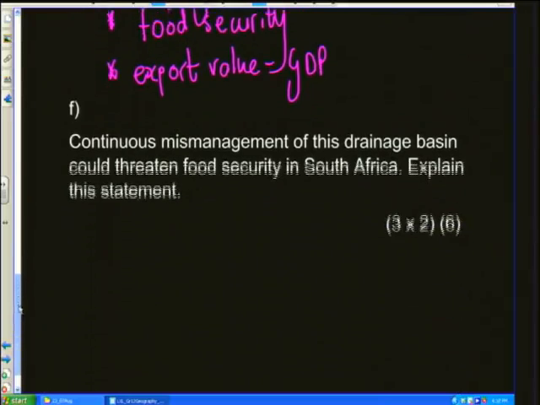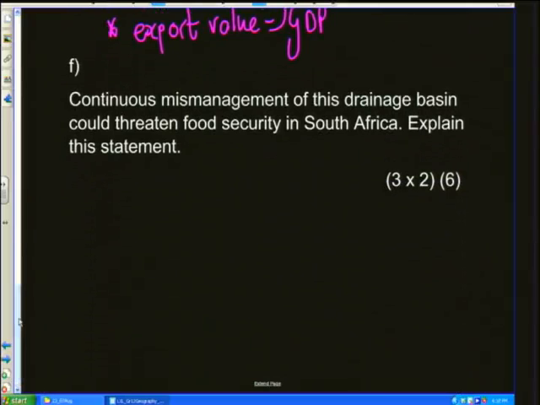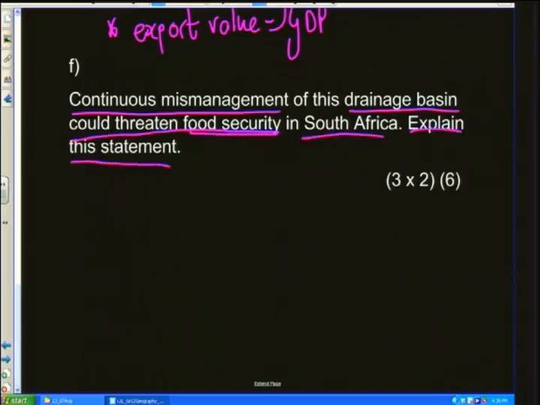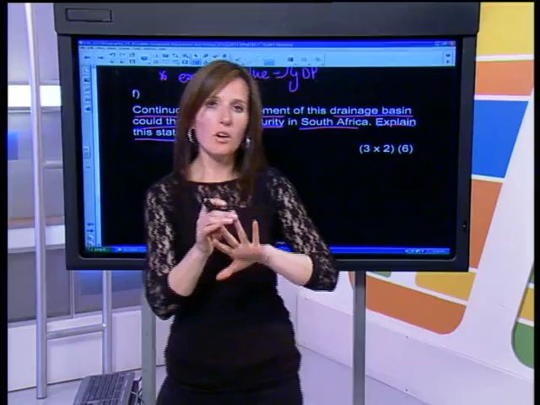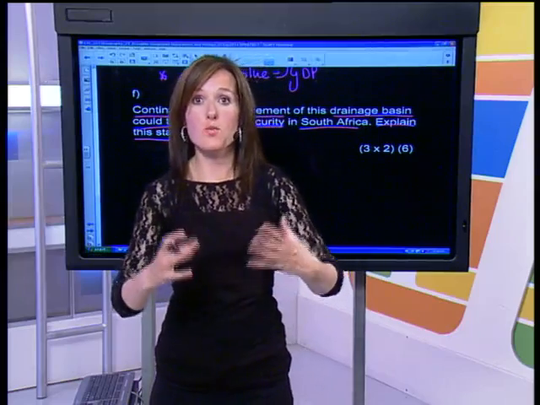Right. Question F. Let's go through this one quickly. Continuous mismanagement of this drainage basin could threaten food security. See, food security coming up time and again in South Africa. Explain this statement. So what does it mean? If we don't look after our drainage basins, for example, we're not going to have enough water for irrigation.